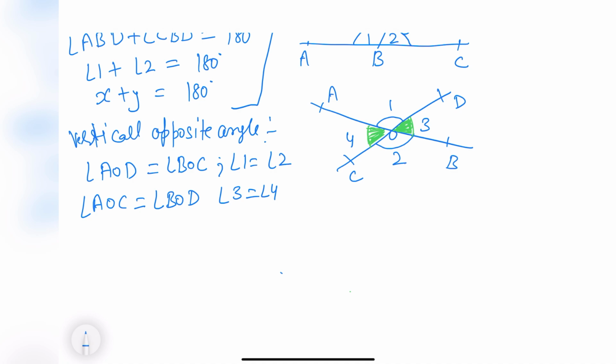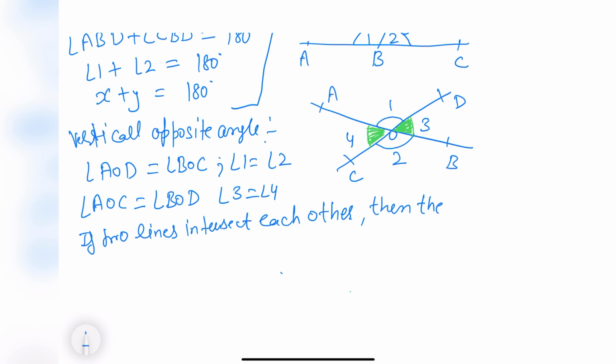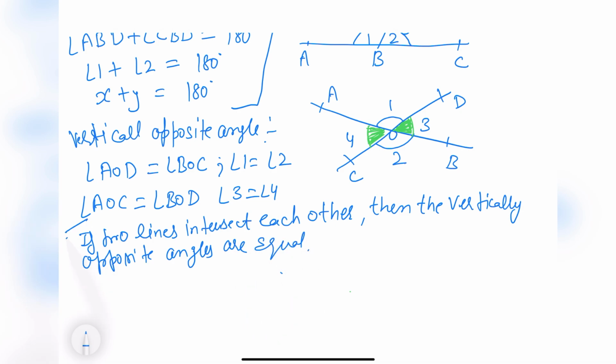We have to state first, if two lines intersect each other, then the vertically opposite angles are equal. We can prove this theorem.